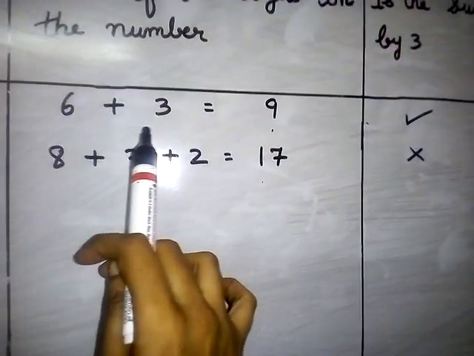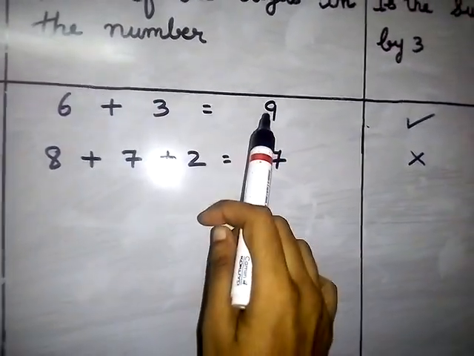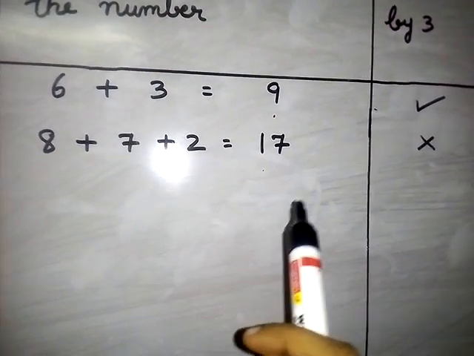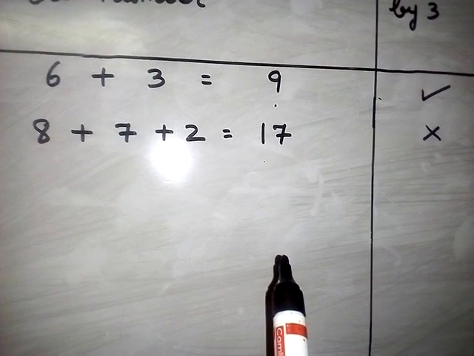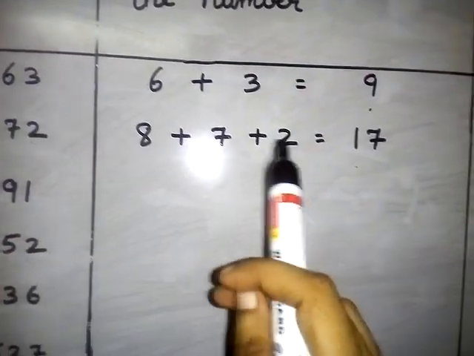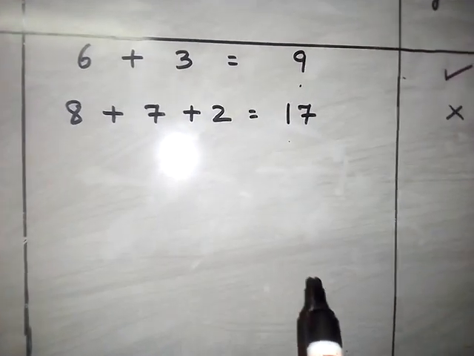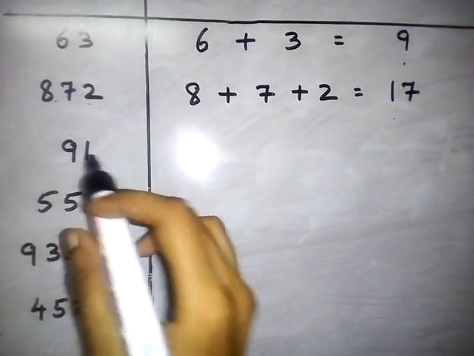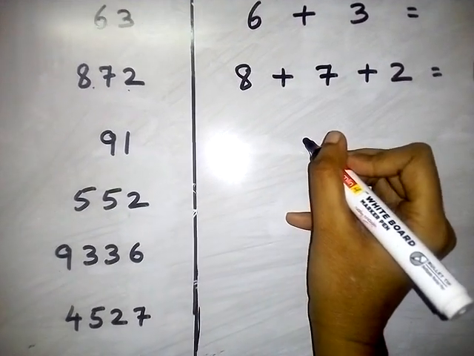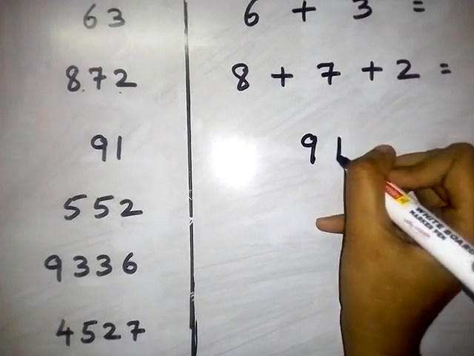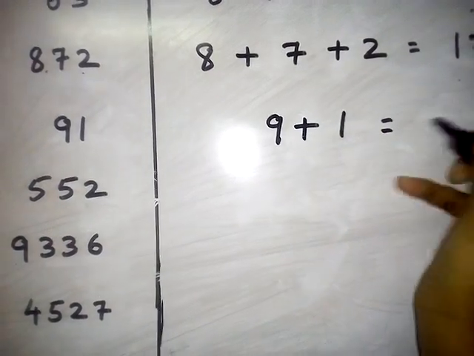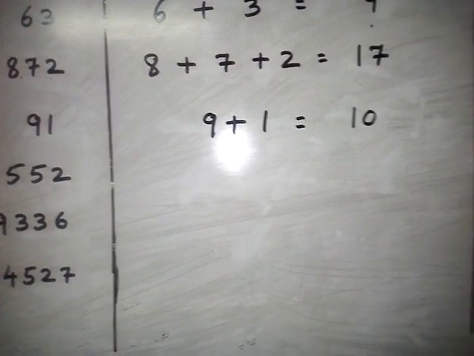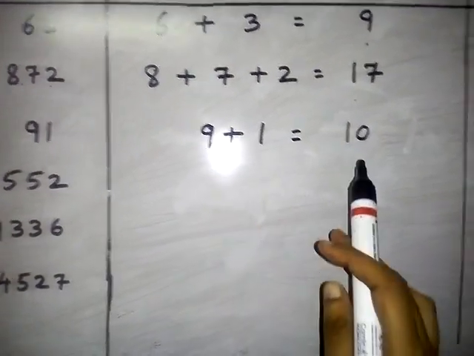After adding the digits, when you write in addition form, the sum should go in the 3 table. Next one we'll solve now. 91. 91 will be written as 9 plus 1. Now add it. 9 plus 1 is 10.